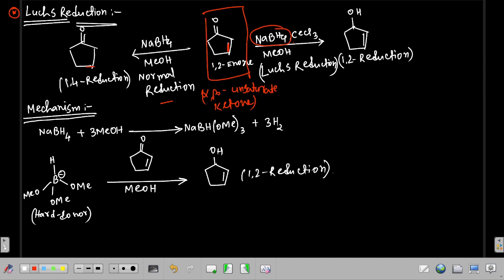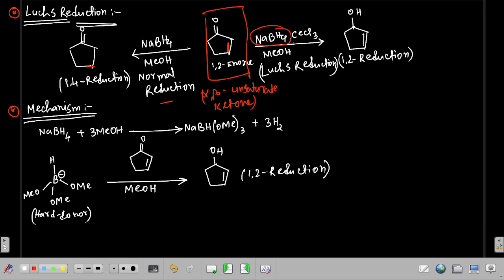Now we'll see the reason, what is the mechanism behind this. Sodium borohydride, in presence of 3 molecules of methanol, will form NaBH(OMe)3 plus 3 H2. In presence of cerium chloride, it forms this complex. So it will be a very hard donor.